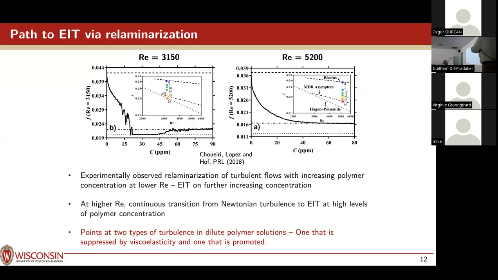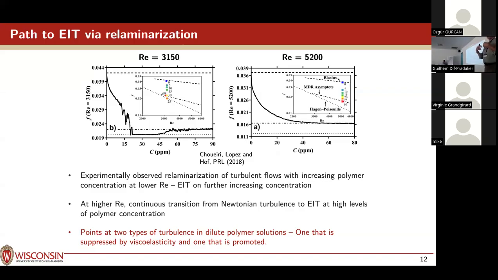elasto-inertial turbulence friction factor. All right, what this really clearly pointed out, which is what people had inferred previously, is that there are two types of turbulence in polymer solutions. There's low Weissenberg numbers, where there's basically elasticity-modified Newtonian turbulence with quasi-streamwise vortices, and then at higher Weissenberg numbers that version of turbulence, the Newtonian version, is suppressed.